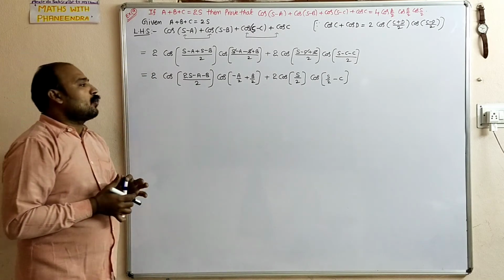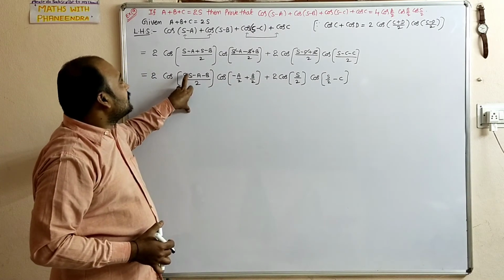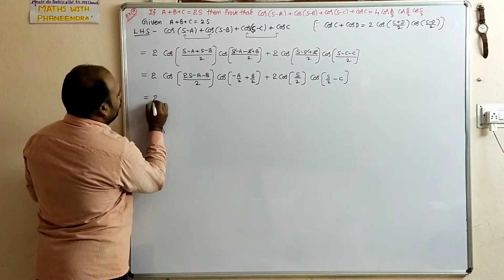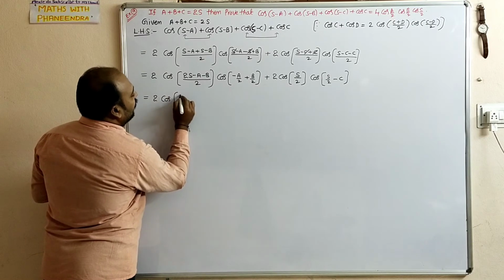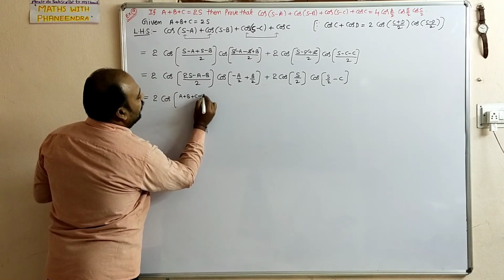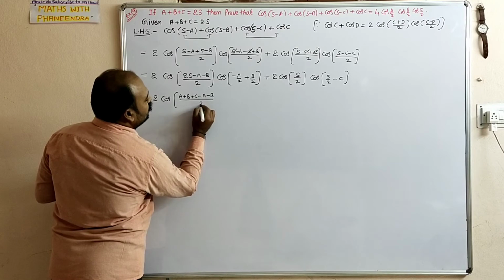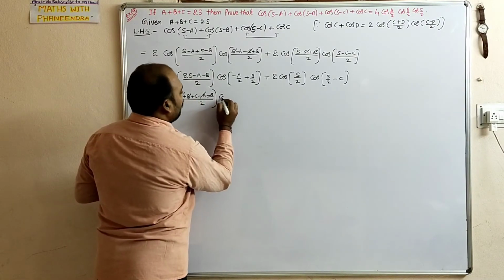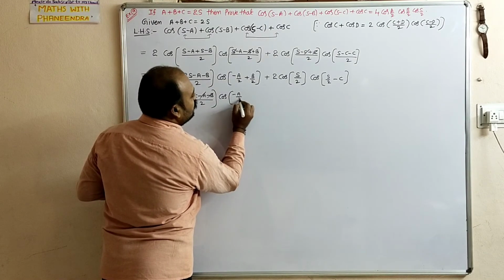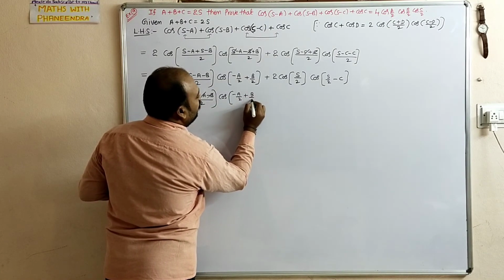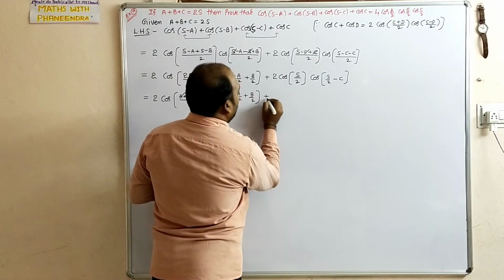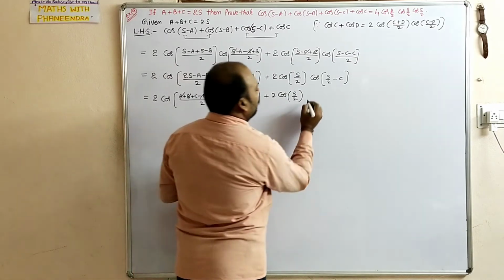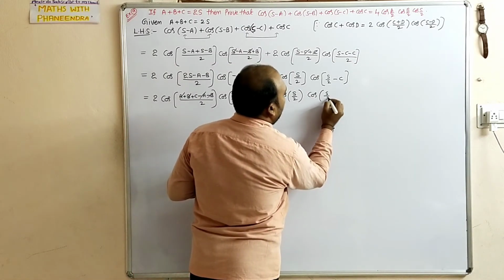So in this, what I am doing is, 2s can be written as a plus b plus c. Substitute there. So 2 into cos of a plus b plus c minus a minus b divided by 2. So minus a plus b minus b get cancelled. Cos of minus a by 2 plus b by 2 plus 2 into cos s by 2 cos s by 2 minus c.